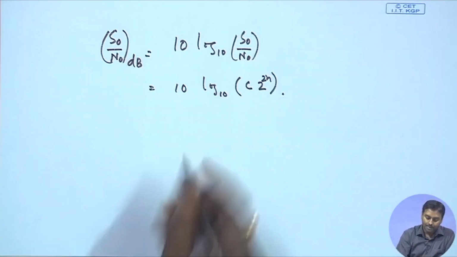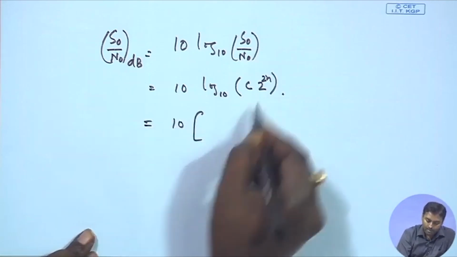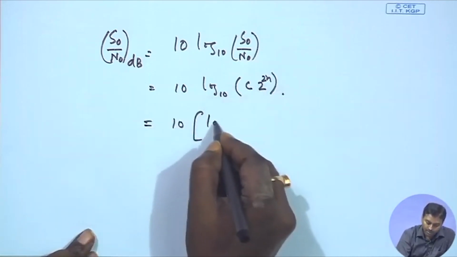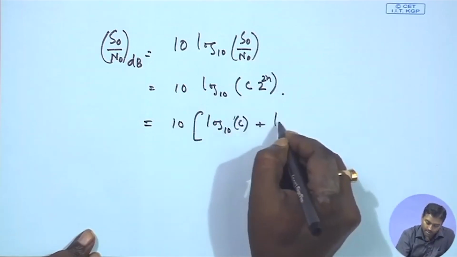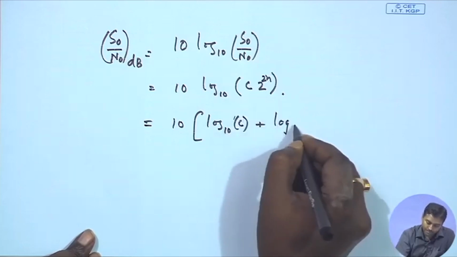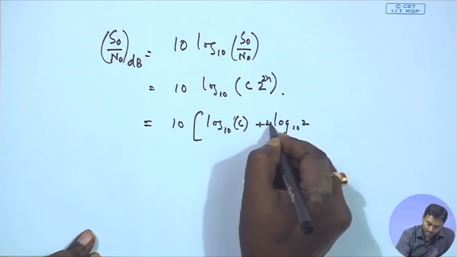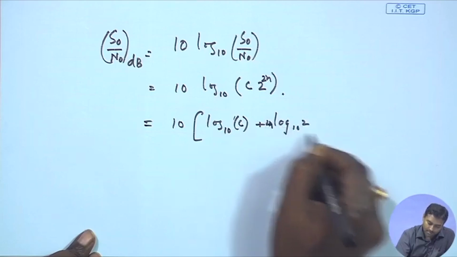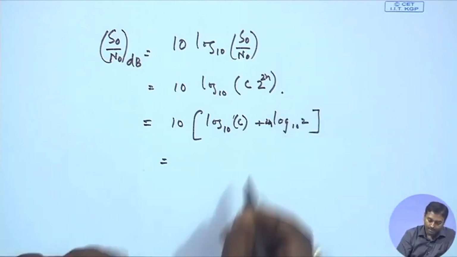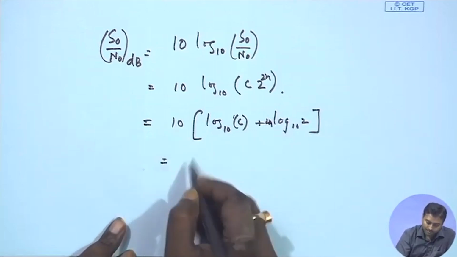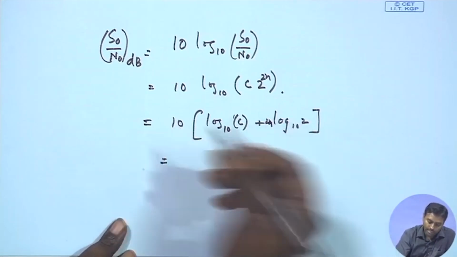Okay. Or I can write, because it is log, it will be distributed. So, log 10 C plus, C is a constant, and log 10 2 into 2n, right. Now, log 10 2 is just 0.3, so 10 log 10 2 is 3.